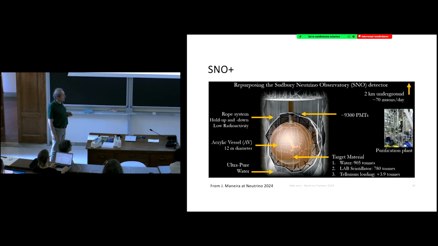SNO+ is in data taking since 2023. They have not a great exposure at the present time. They use 780 tons of LAB scintillator, the same scintillator which is going to be used by JUNO.